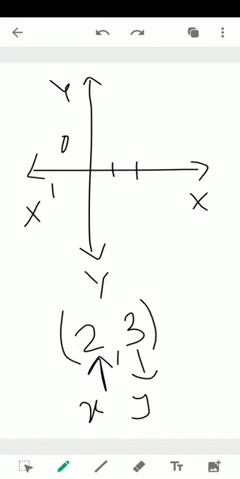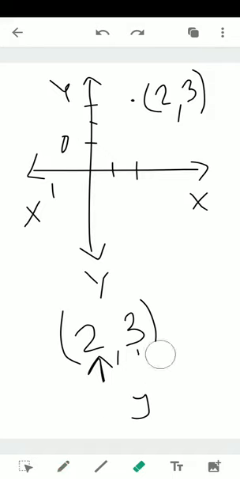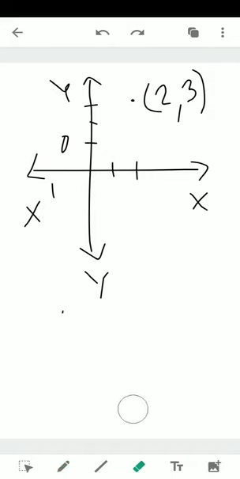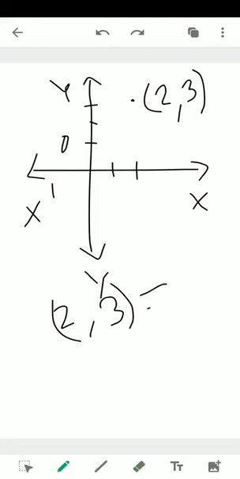So 1, 2, 1, 2 and 3. So this point will be somewhere here. So this is your point 2, 3. This is called an ordered pair because in this case order matters to you. 2, 3 will not be equal to 3, 2. Hence I can say that order matters.